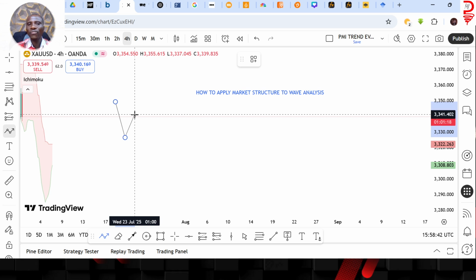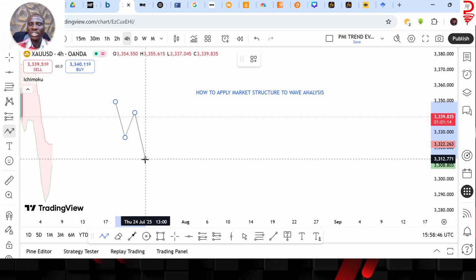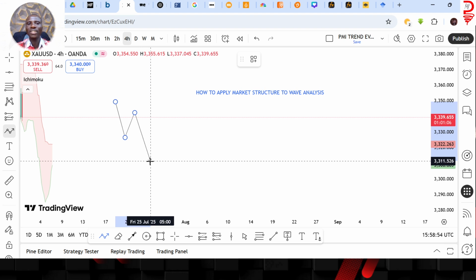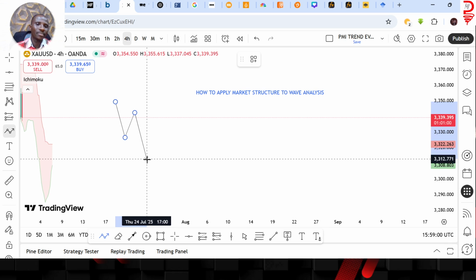Now, this corrective wave will form another impulse wave, of course, given that you are on a downtrend. So you'll be having lower lows and lower highs. You see, these lower lows and lower highs are what we call character.